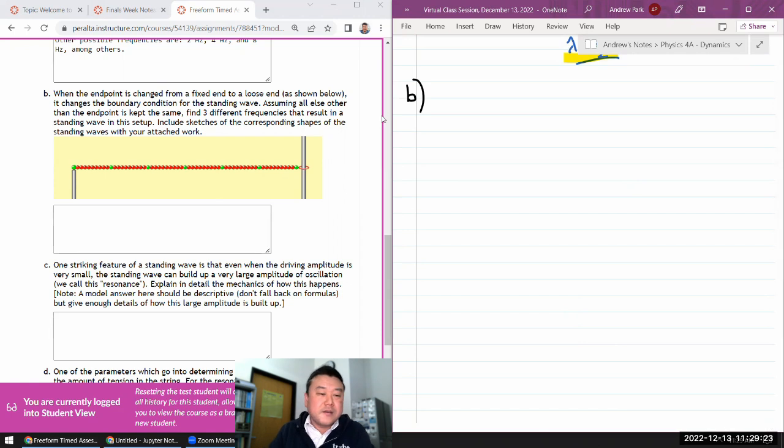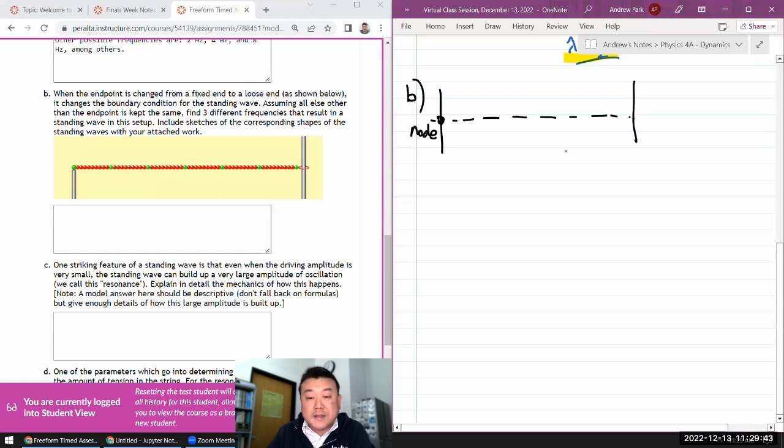From the pre-lab, you remember that this is the kind of setup that results in a node at this end that hasn't changed, and at the other end, where it's a frictionless ring, it becomes an antinode. It becomes much easier to move the string at this end, and this will be your antinode.